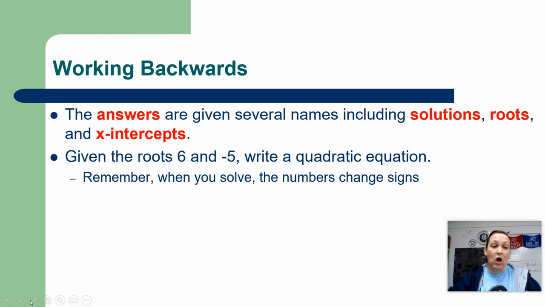For instance, on this example in particular, it's telling us that my answers are x equals 6 and x equals -5. And so if my answer was x equals 6, that means that my original factor was x minus 6, because then I would have added 6 to the other side.